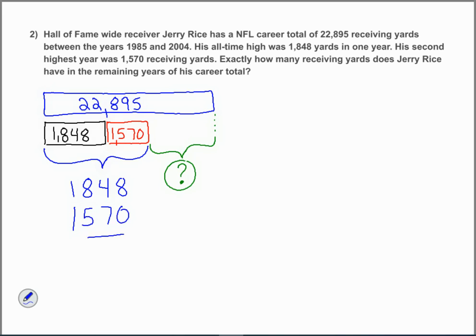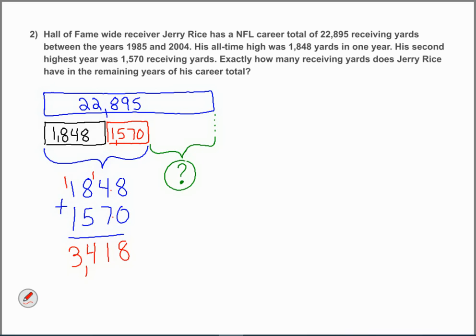So now I will know what those two seasons are together. Let's see. 8 plus 0 is 8. 7 and 4, that's 11. 8 and 1 is 9, and 9 and 5 is 14. Bring that over there, that's a bundle. 3,418 yards for those two seasons.